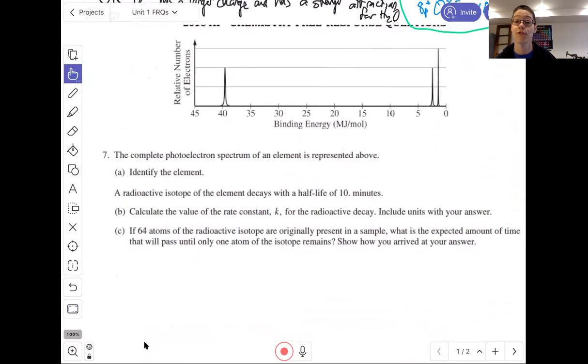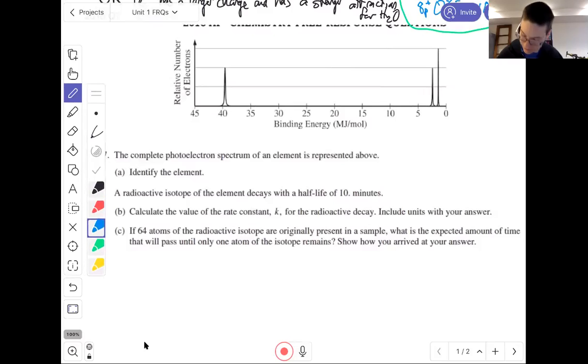This is the one from 2 years ago. If they give you one of these diagrams, the first question is always, what is this thing? So figure out what it is, and remember what that first peak always represents and go from there.